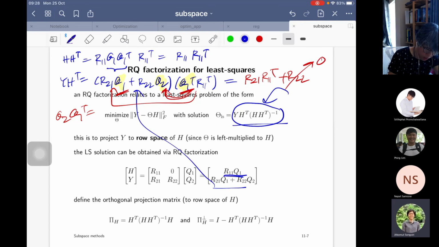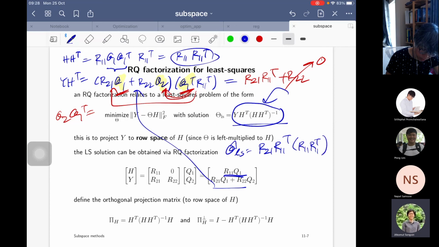So now after that I get theta hat LS is going to be R21 R11 transpose times R11 R11 transpose inverse, and that gives me R21 R11 inverse.